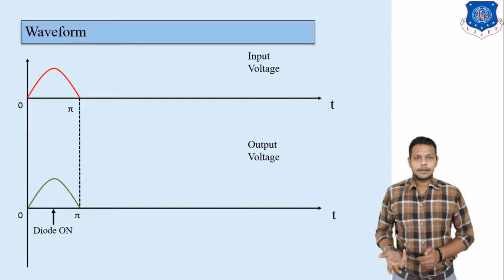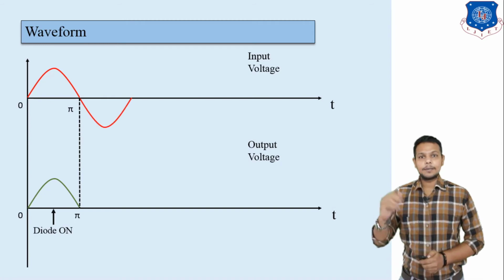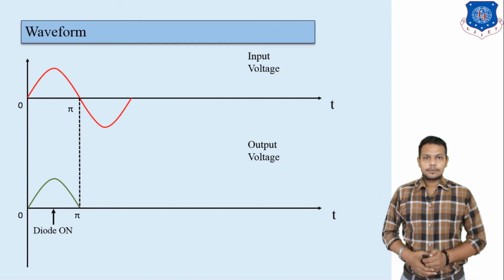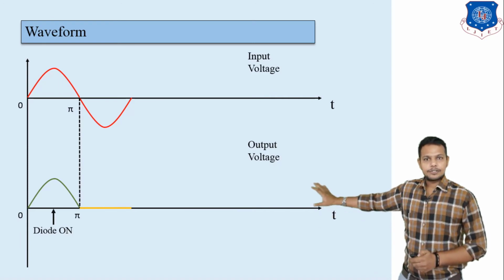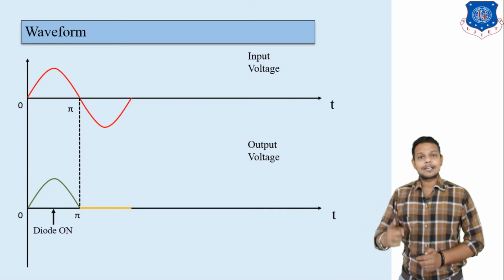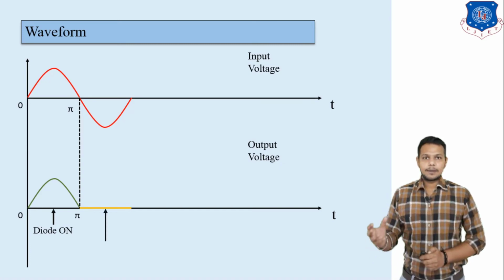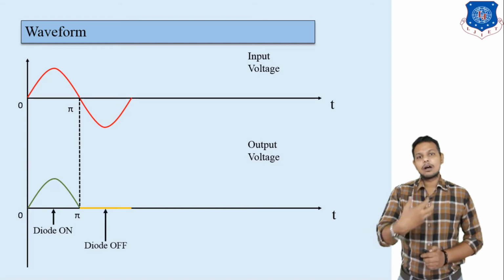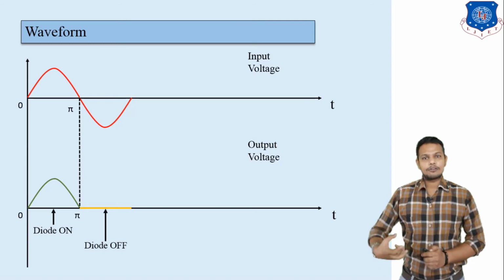Then next, if we apply the negative half cycle at the input, here we can see 0 from the output side, because there is an open circuit, and due to this open circuit, current can't flow in this circuit diagram. So this is pi to 2 pi, which means the diode is off. Obviously the diode is off because of the open circuit.